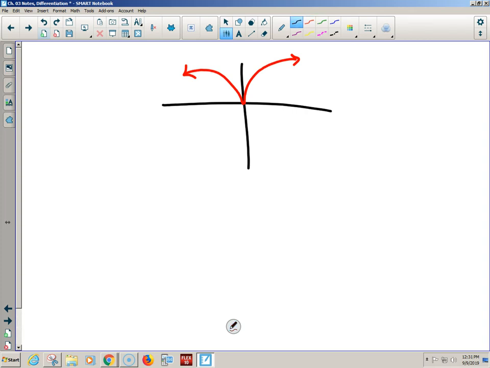No, that wouldn't have worked. Because then you would have the positive, and then you would also have the negative. Yeah, so that would work, because you have your radical function, and then you have the reflection of your radical function. There you go.